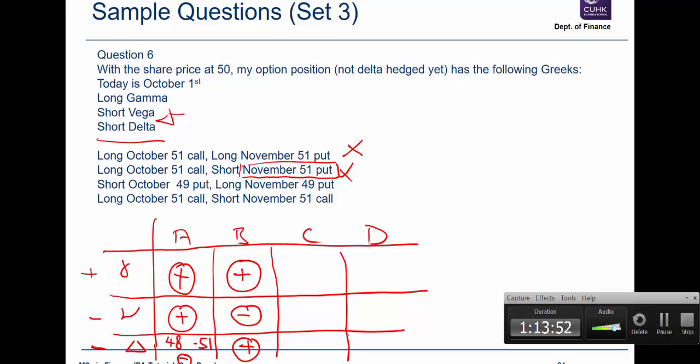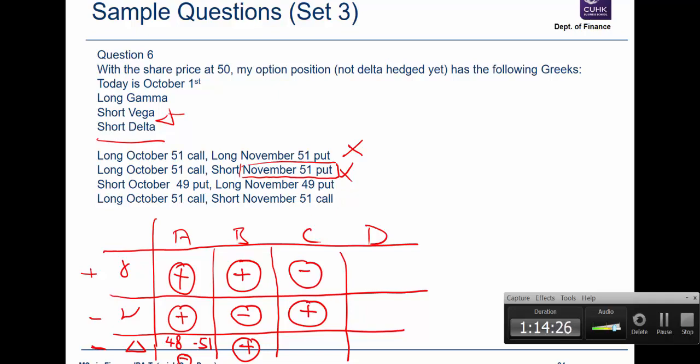So C, you are short a put, which is shorter term, and you are long a put, which is longer term, so you will be short gamma. And because you are long an option which is longer term, you will be long Vega. And as for the delta, here C is interesting because you got two options on the same side.